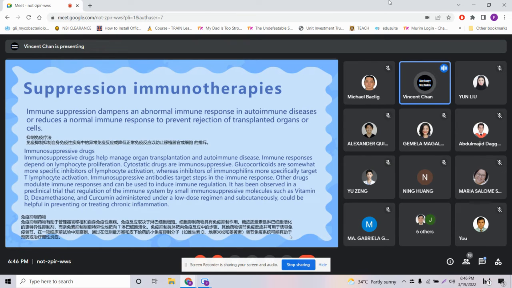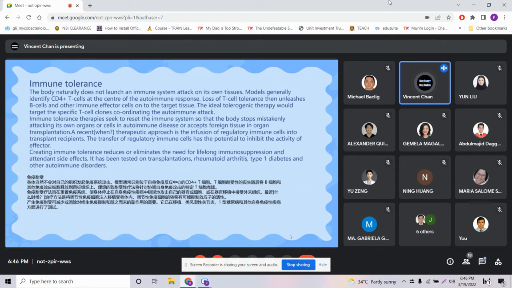Okay, the next page is about immune tolerance. The body naturally does not launch an immune system attack on its own tissues. Models generally identify CD4 plus T cells as the center of the autoimmune response. Loss of T cell tolerance then unleashes B cells and other immune effector cells onto the target tissue.